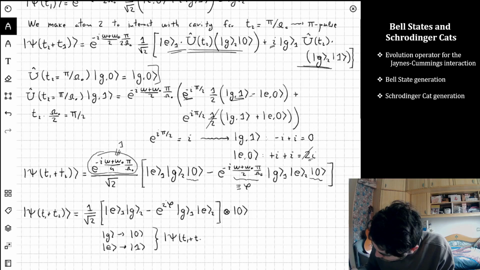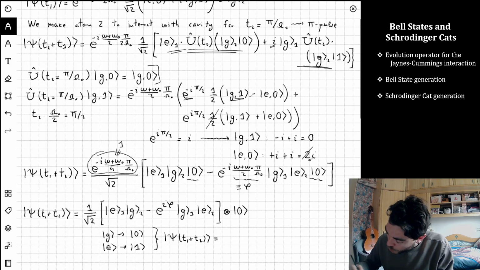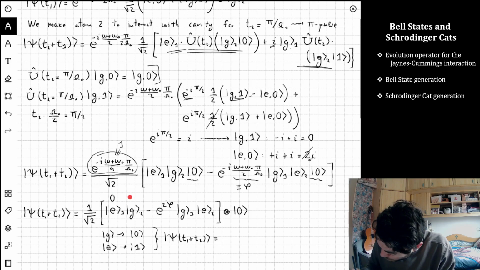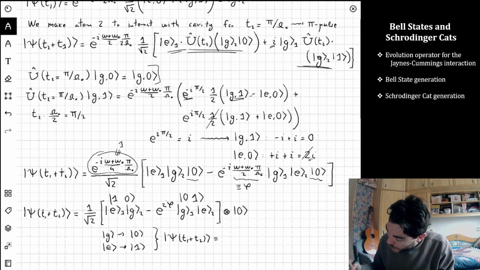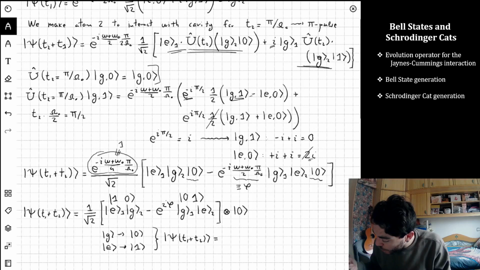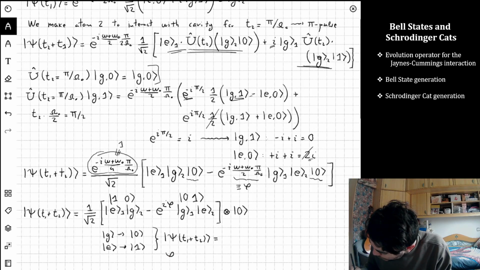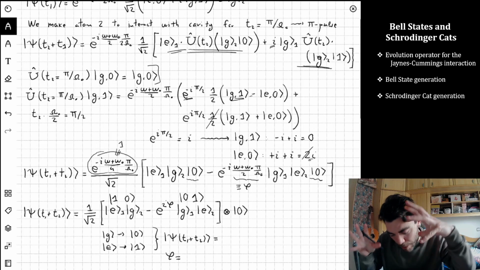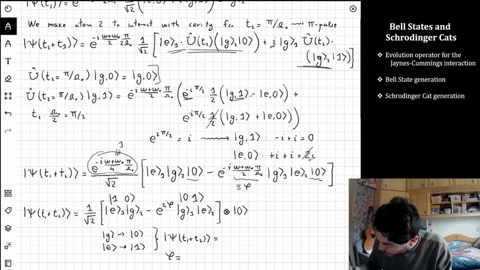Then what I just got, if you want to write it like this, is phi at T1 plus T2 equal to some kind of Bell state exactly, because the definition of the Bell state, if you remember, would be 0, let's say that the excited state is 1, then this is 1 0, and this is 0 1, and this phase factor is the one that tells me what Bell state I am in. So for example, just for simplicity, imagine that the interaction between light and matter is set up experimentally such that this phi is equal to pi.